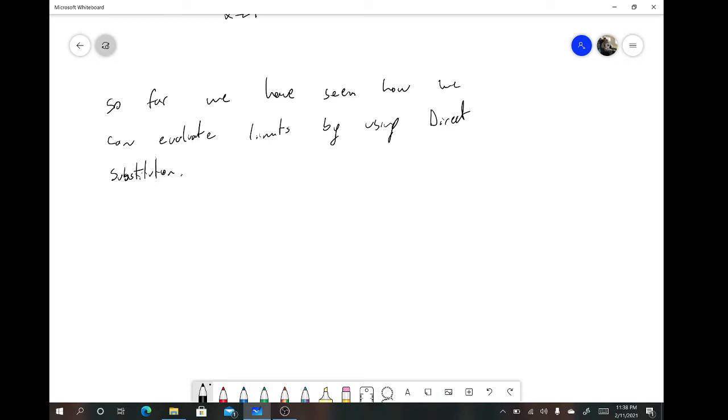Now, evaluating limits by direct substitution works for an infinite amount of functions out there.